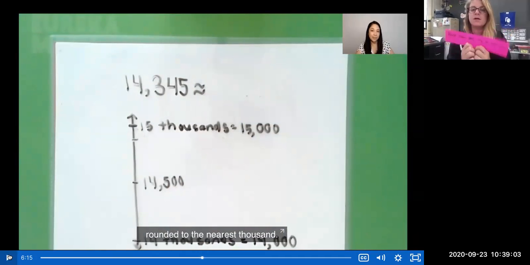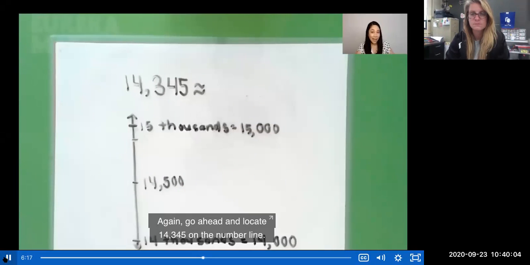If you're rounding to the nearest thousand, what would 14,345 round to? Again, go ahead and locate 14,345 on the number line.